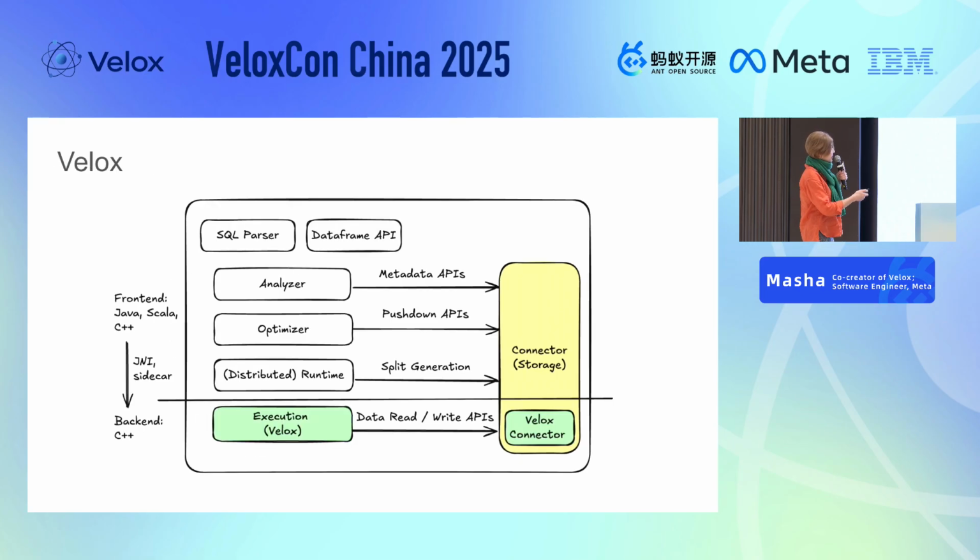The execution component is what we were focusing on when we were developing Velox. We noticed that every query engine requires an execution component, and while they differ among engines, there are a lot of similarities. Many of them need some sort of a hash table. They need an aggregation operator, a join operator, different kinds of join operators.